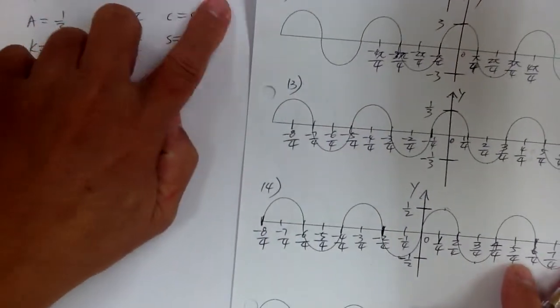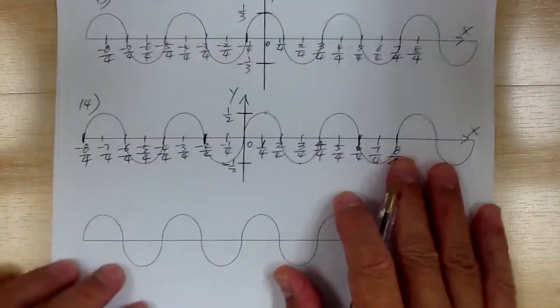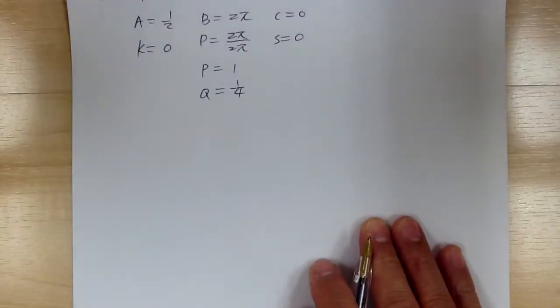Right? And make sure you check your range under the domain, make sure they match. Okay? So that's number 14. Okay, let's go to number 15.